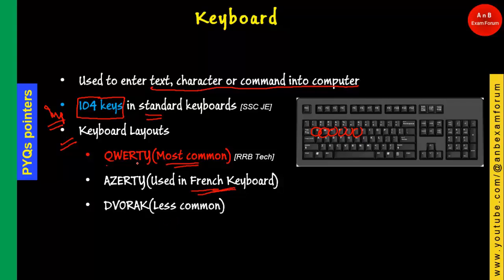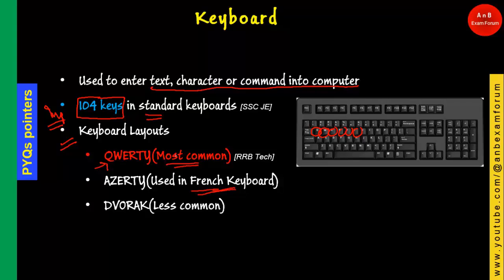But you can ask me why QWERTY. It could be A, B, C, D, E, F, G. Some people say they have put QWERTY in such a manner that it will be very difficult for a very common person. The main thing is that it should be purely related to some technical person.